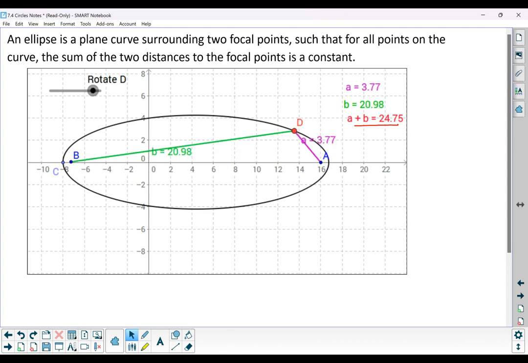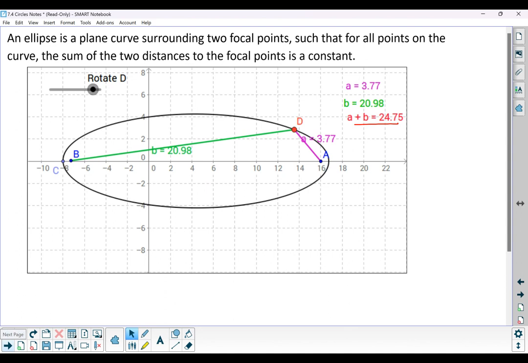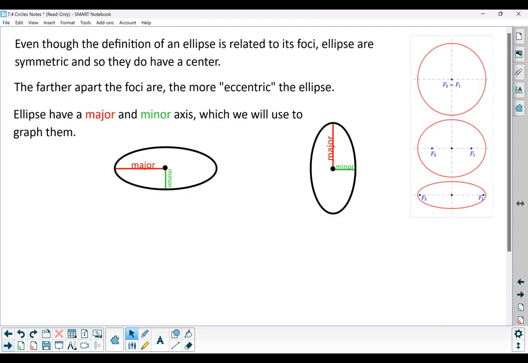These are hard to draw on paper. Usually you use string and pin down the string at the focal points, but it is kind of difficult to draw these. Not as easy as drawing a circle. But graphing these is as easy as graphing a circle when we have a coordinate plane. So when we graph them, we use the center and then we use what's called the major and minor axis.